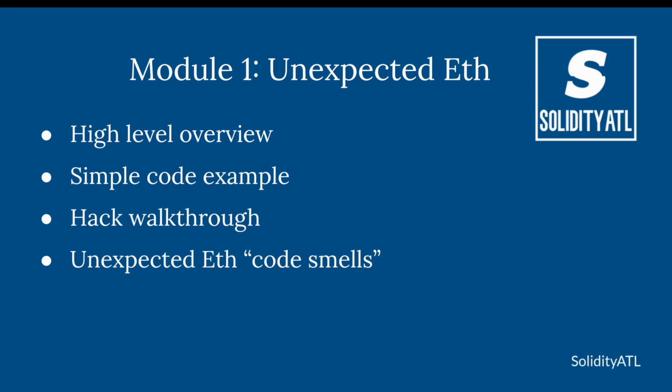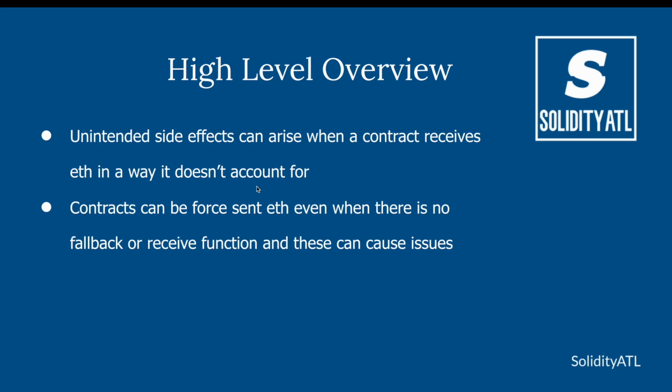So again, we're going to do a high-level overview of this vulnerability. We're going to talk about a simple code example / snippet. Then we're going to do a real-world hack / walkthrough. And then we're going to, of course, go through the code smells you can use to sniff out these unexpected ETH type of issues.